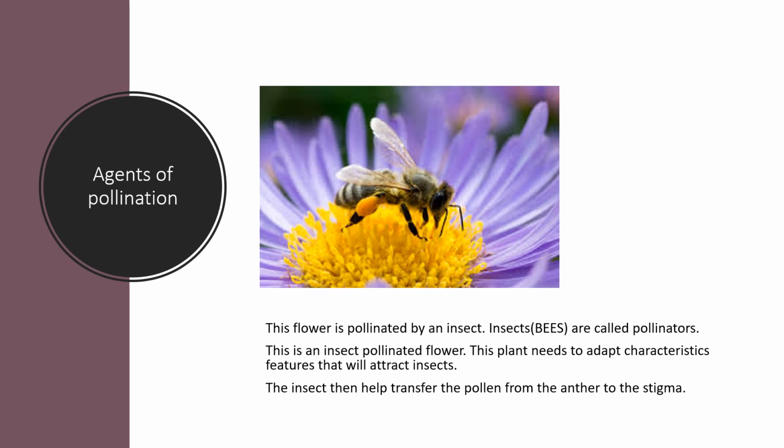The insect then help transfer the pollen from the anther to the stigma. Try to check the hairy legs of the insect and body. This will attract the sticky pollen to its hair, bringing it to the stigma of the flower or to another flower.